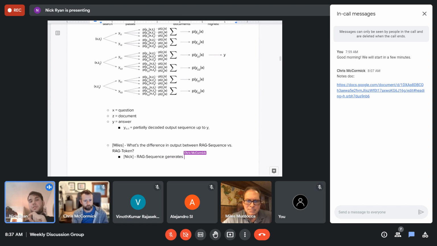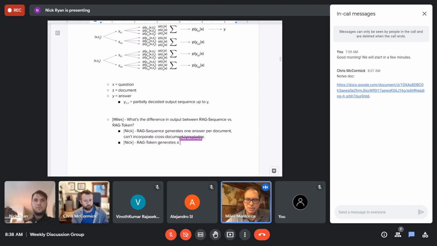Whereas with RAG token, each word it generates, it'll look over all of the documents and say, what's the most probable answer for this next word? So RAG token, at each step, again scans all the documents and tries to find the most probable word.